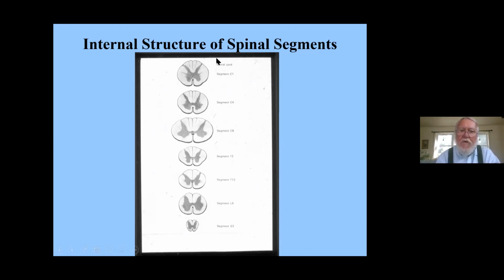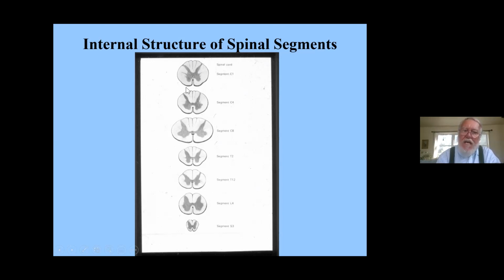And in all of the segments, what we have is a dorsomedial septum. That is an opening. Think of it in very much the kind of way as an interhemispheric fissure, but it's called the dorsomedial septum. And you can see that in all of the sections that we have.